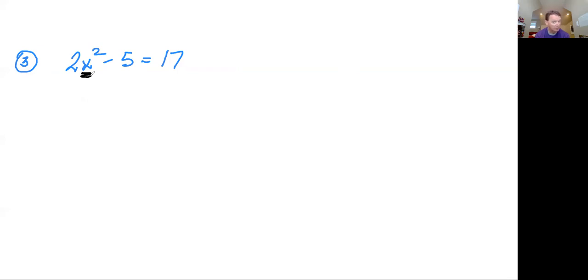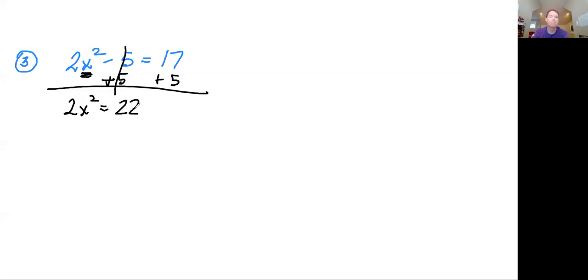What's the first thing? I'll give you options. Option 1 is divide everything by 2. Option 2 is add 5 to both sides. I hope you chose option 2 because the 5 is least connected to the x. The 2 is pretty close there. So I have 2x squared equals 22. Okay?